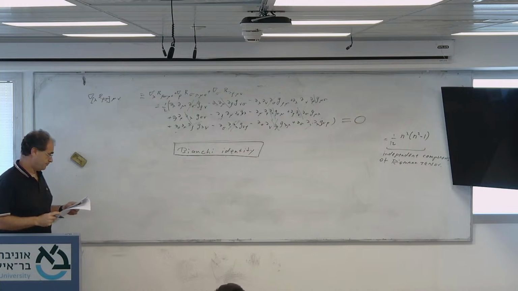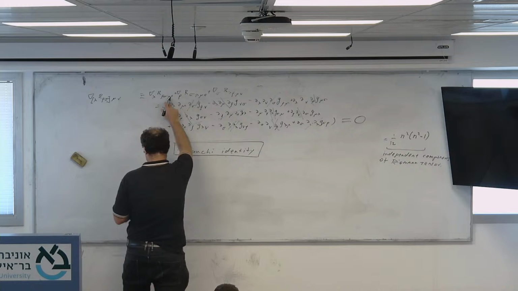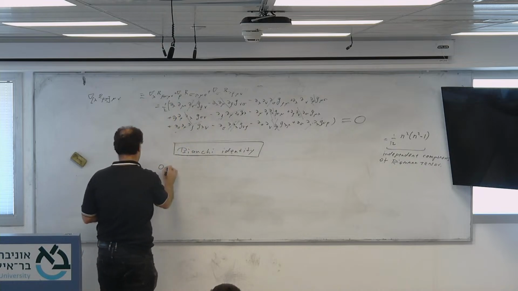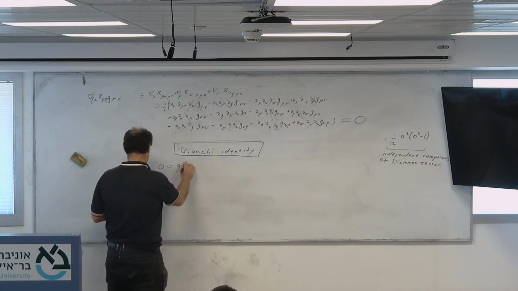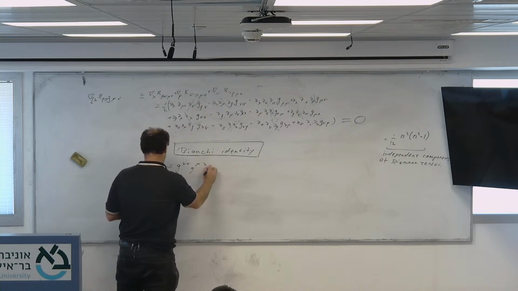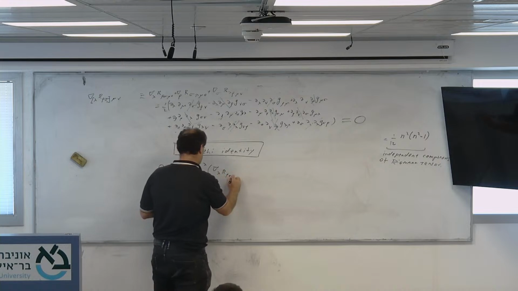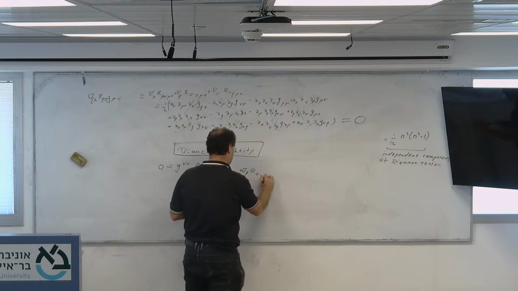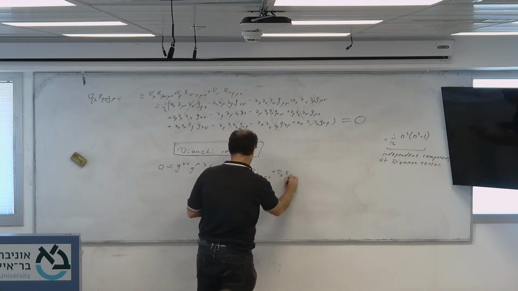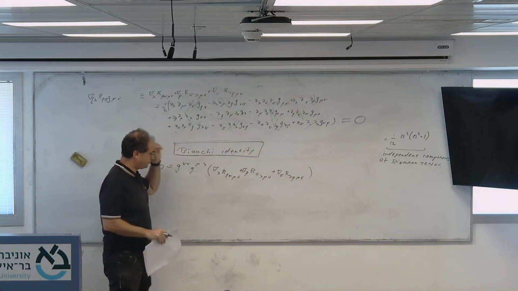So if we take this Bianchi identity and contract it twice, so I have 0 equal, I'm going to contract it with g mu sigma g mu lambda of what is written here: nabla lambda R rho sigma mu plus nabla rho R sigma lambda mu plus nabla sigma R lambda rho mu. I'm just doing the contraction.